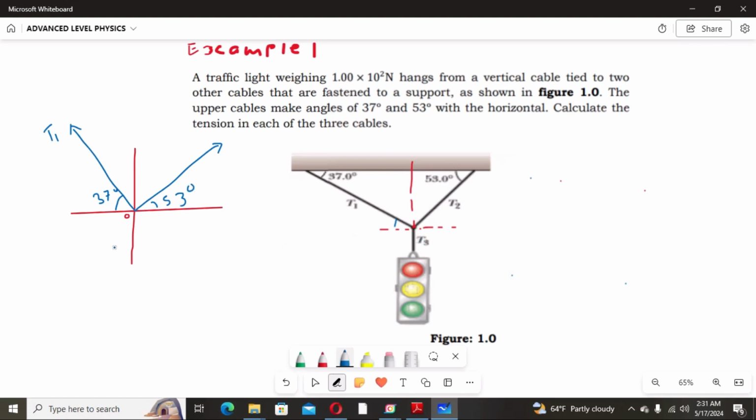Then T3 is straight downward. So that is T3. By the way, this is the x-axis and this is the y-axis. So we have these three vectors now. This is T2.